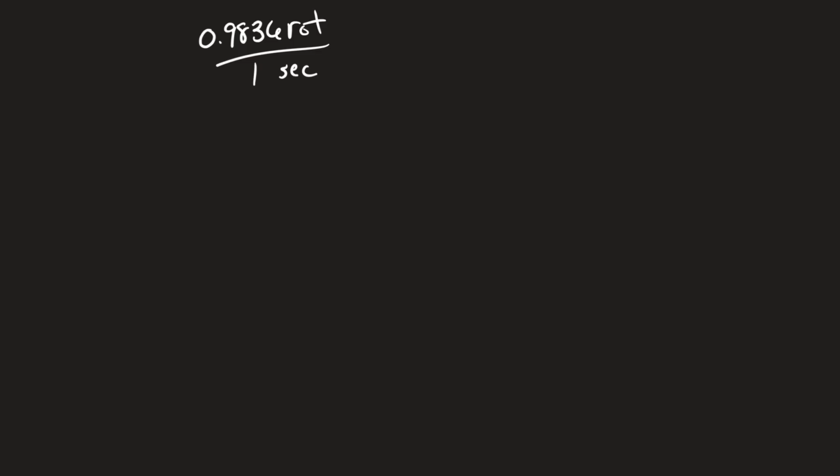I'm sorry, this is seconds. Yeah, I'll write out what I want it to be. Give myself some space to work. I'm going to use unit multipliers, and I'll use however many I need to get from what I have to what I need. Now, rotations is going to stay, so I don't have to convert it, but seconds is going to be converted.